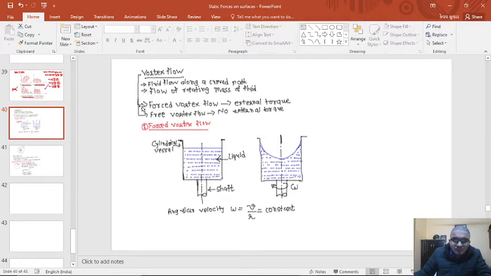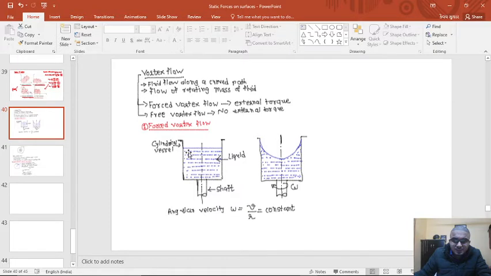There are two types: forced vortex flow, which requires external torque to generate a vortex flow, and second is free vortex flow, in which there is no requirement of external torque. First is forced vortex flow.